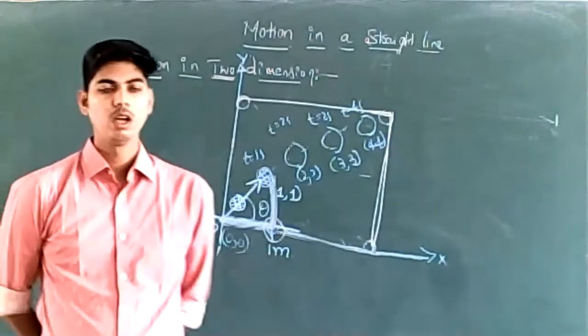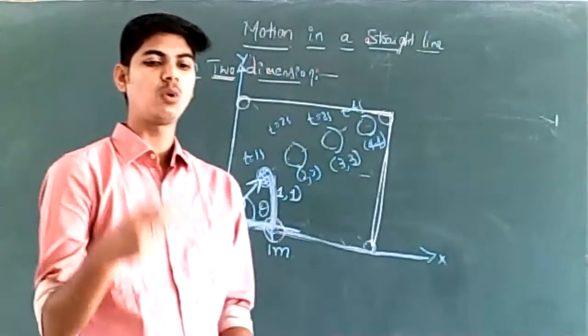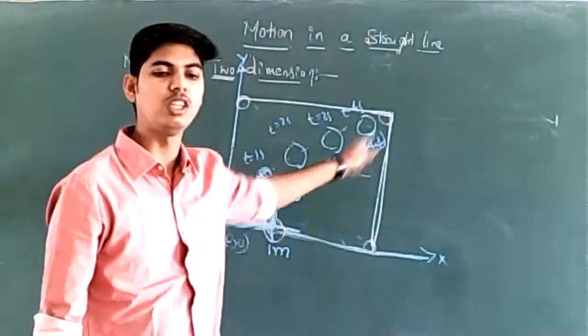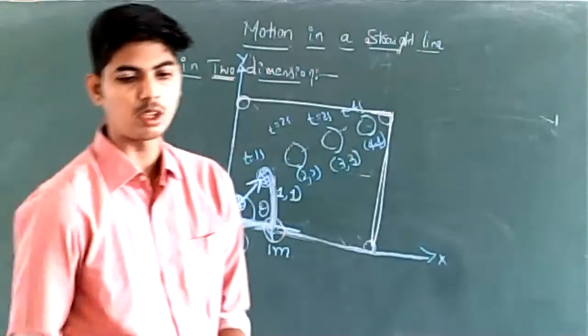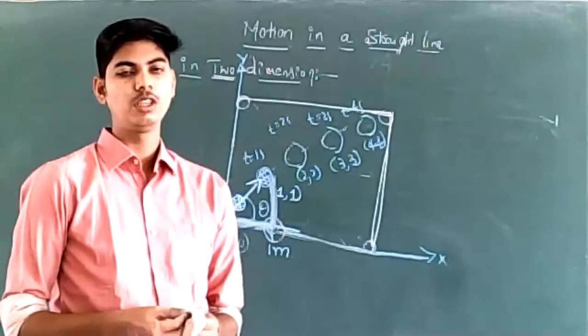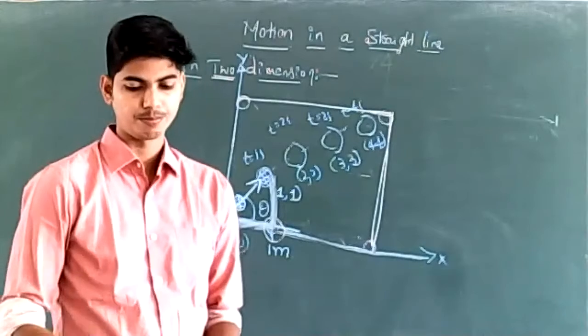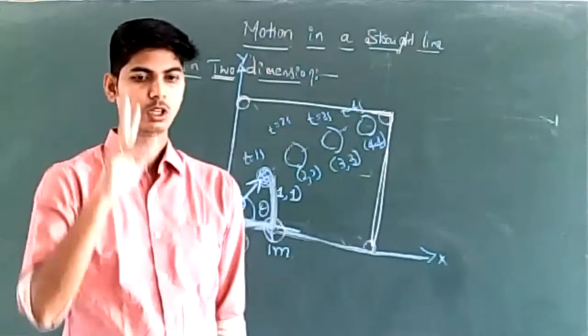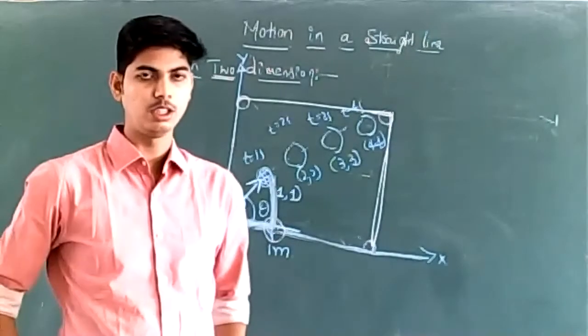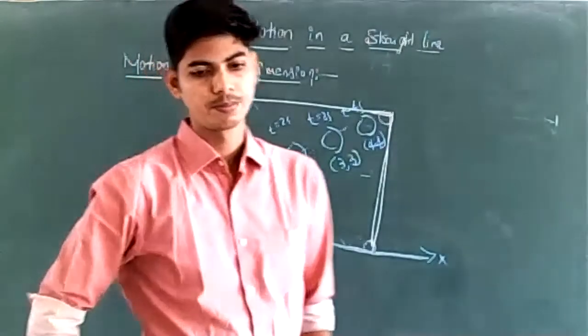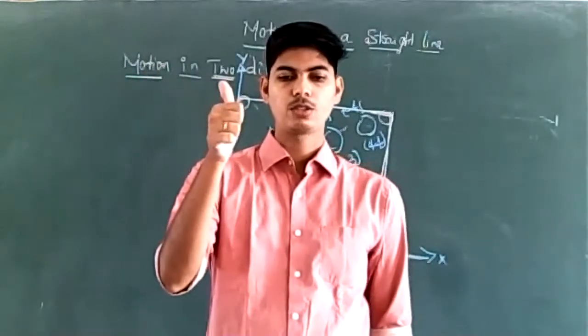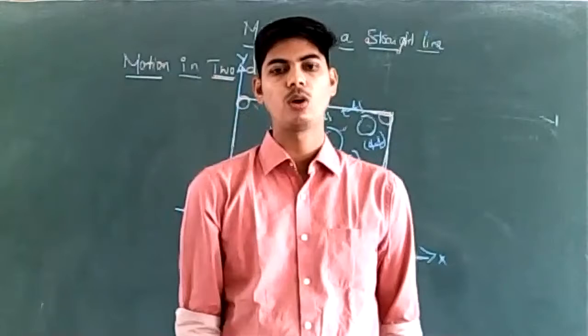Tell me, how many position coordinates of the coin are changing with respect to time? Two position coordinates are changing with respect to time. Which are they? The x coordinate as well as the y coordinate.